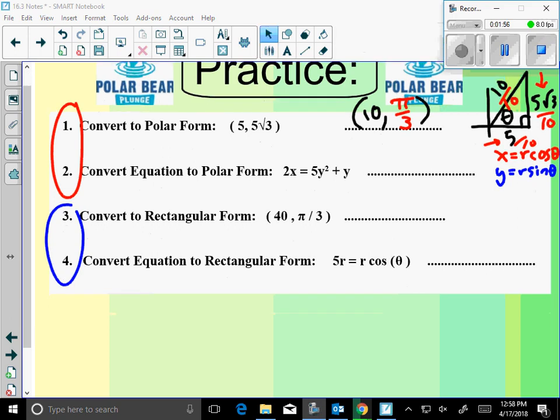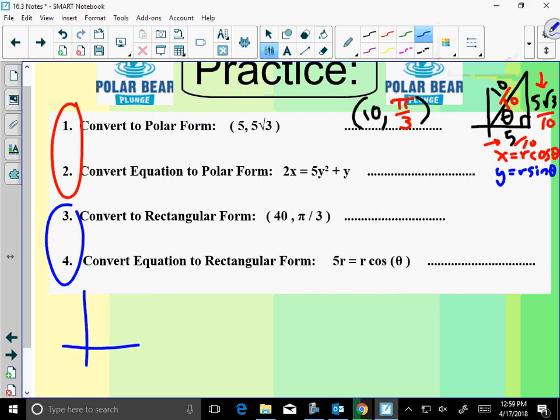Okay, number 3, similarly, if I extend 40 up to here and rotate, and that's a 40, and I know this angle is pi over 3. Remember, that makes this side 1/2, and this side root 3 over 2.